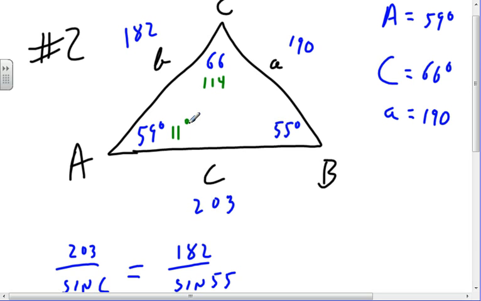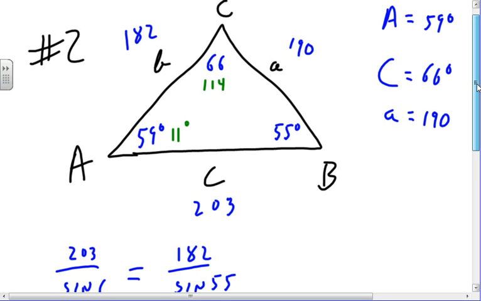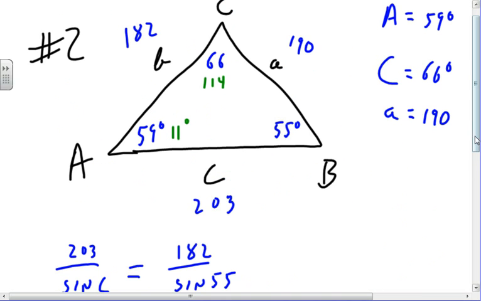So it is possible that C is 114 and this angle is 11, in which case what would little a be?